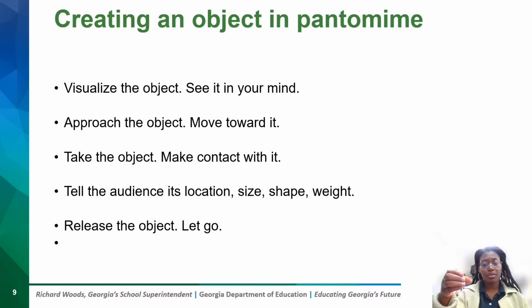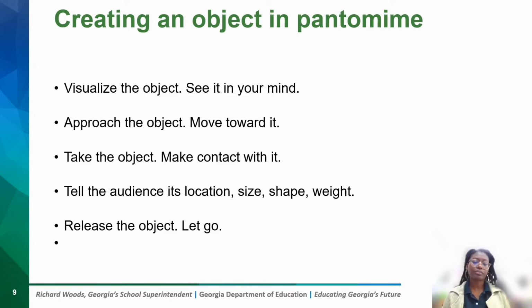And I teach my students the click method. Tell the audience its location, so establish the size and the shape and the weight of the object, and you can do that in terms of how you respond or your reaction to it.